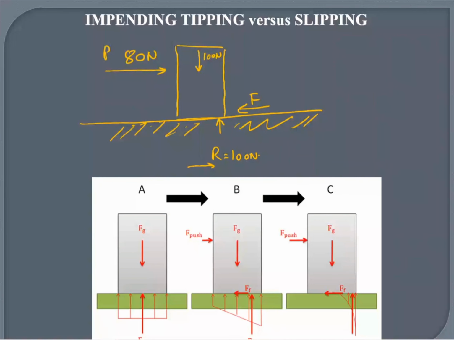Okay, so will it tip or will it slide? What do you think? My R is here. That's my R value. And it moved. What do you think? What happened? Did it tip or did it slide? Guess. Sir, it will slide.